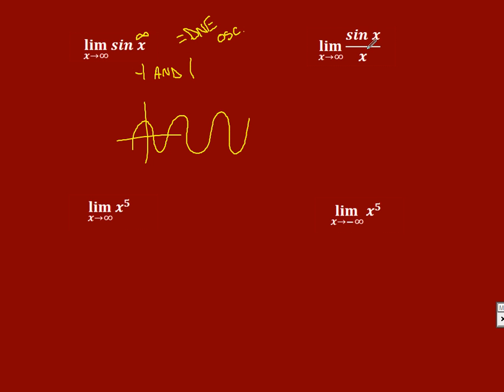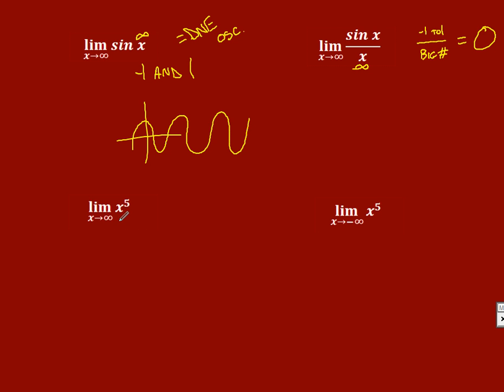Now in this case though, I still have sine of x up top, meaning that's going between -1 and 1, but x here is going to keep increasing. So whatever I have some number, but I'm going to keep dividing it by this big, huge number. Well, when I divided by infinity, that meant my limit ended up being 0 as a result.